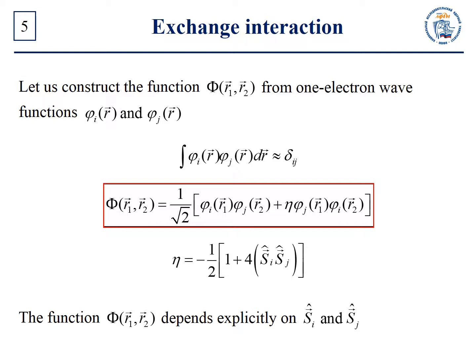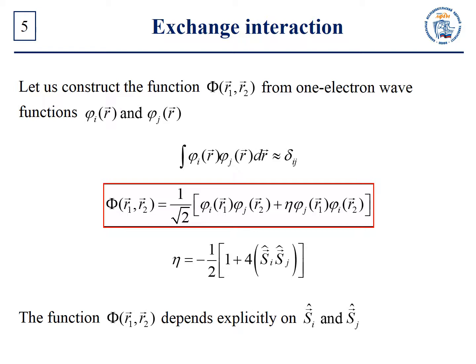In order to express eta in terms of operators Si and Sj of electron spin at atoms I and J, note that their product is equal to 1/4 and -3/4 at s is equal to 1 and 0 respectively.